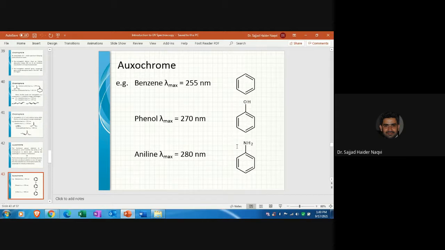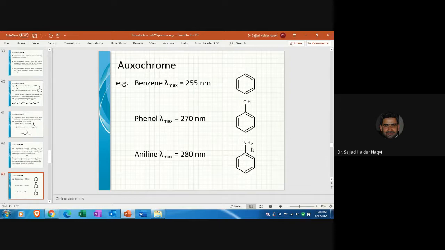Benzene has a maximum absorption at 255. Now, with the incorporation of this OH group on the benzene, this is what we call the oxochrome. As a result of this OH group, the wavelength maximum has been shifted to a slightly longer wavelength of 270 nanometers, in contrast to benzene itself, which is 255.